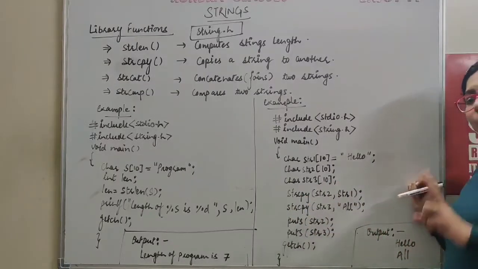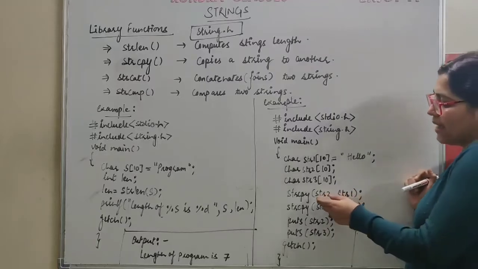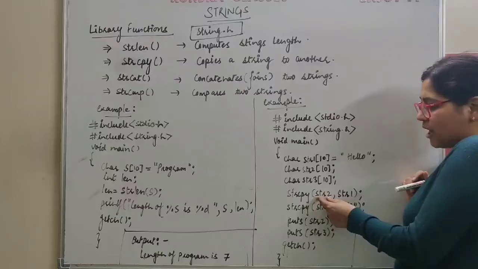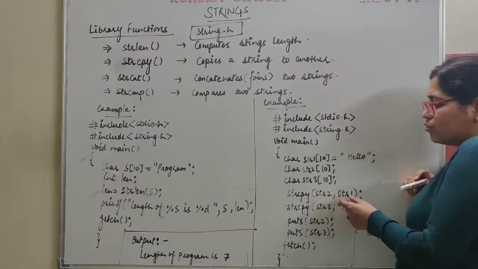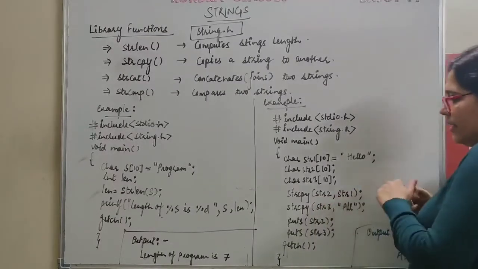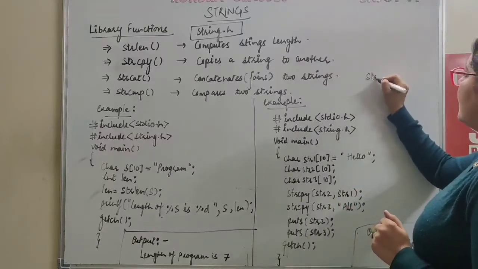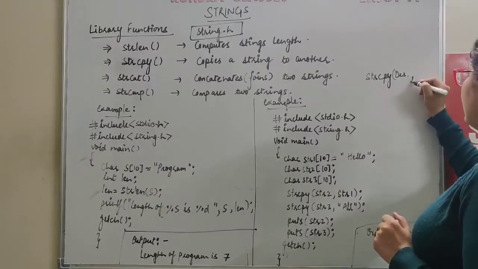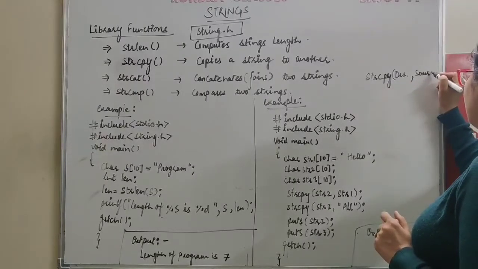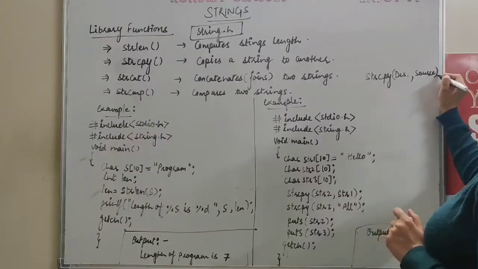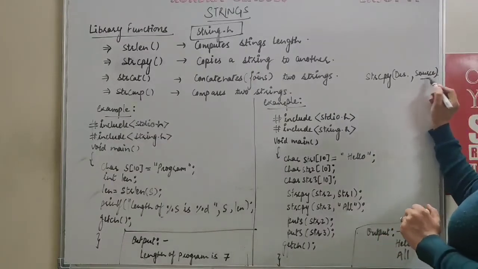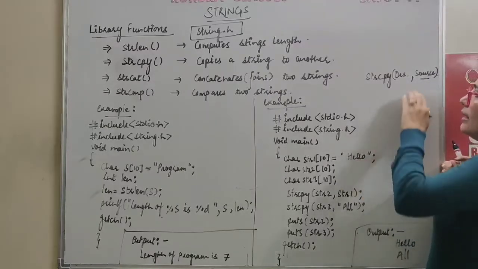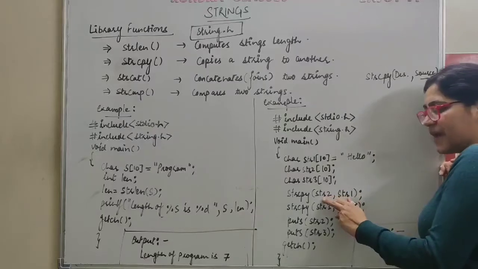I've used the strcpy function. strcpy function 2 parameters लेता है. पहला पैरामीटर आपका डेस्टिनेशन है जहां पे आपको स्ट्रिंग को कॉपी करना है. दूसरा पैरामीटर आपका सोर्स होता है: strcpy, डेस्टिनेशन, सोर्स. सोर्स जहां पे आपकी स्ट्रिंग ऑलरेडी है जिसमें से आपको कॉपी करना है, and destination that string जिसमें आपको कॉपी करना है.